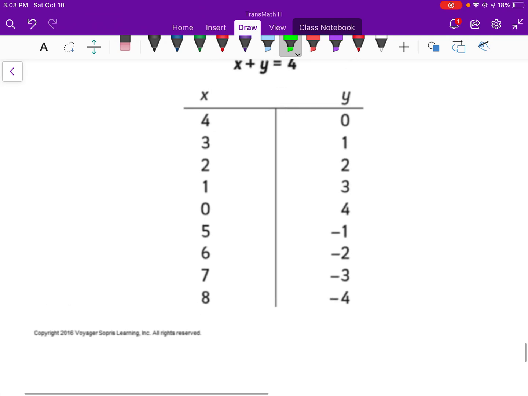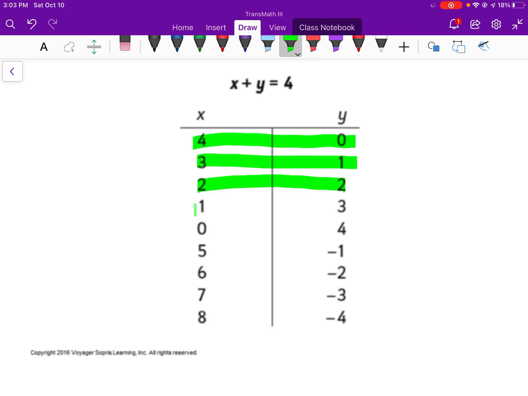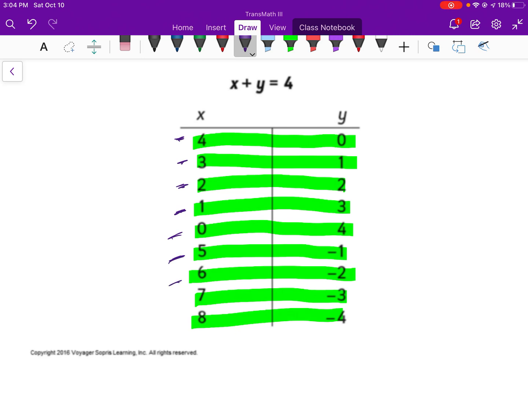So again, we had the equation x plus y equals 4. When we combined all of these together, each line should have come up with a total of 4. So like the top one, 4 plus 0 is 4, 3 plus 1 is 4, 2 plus 2 is 4, 1 plus 3 is 4, 0 plus 4 is 4, 5 minus 1, 6 minus 2, 7 minus 3, 8 minus 4.